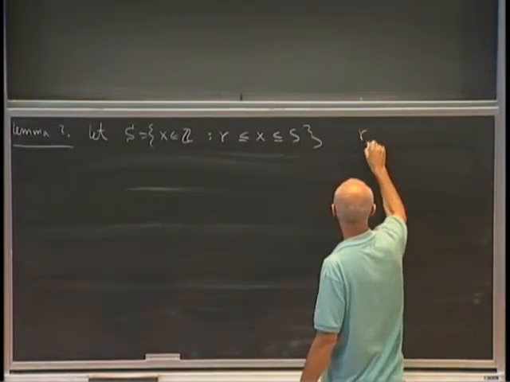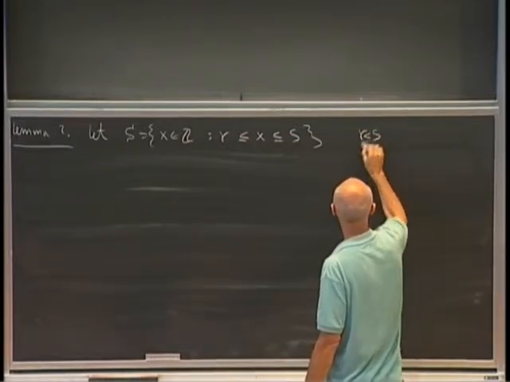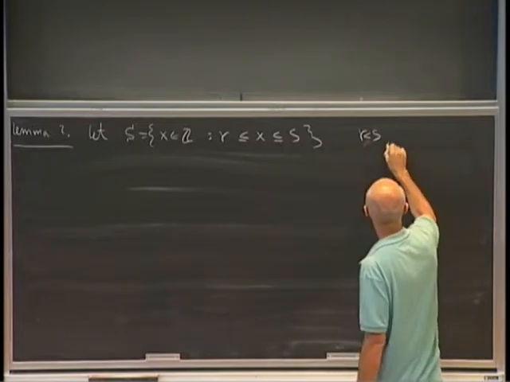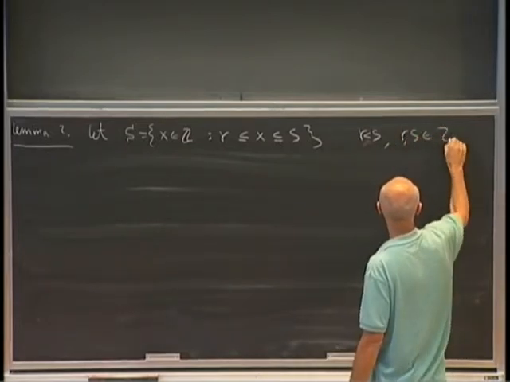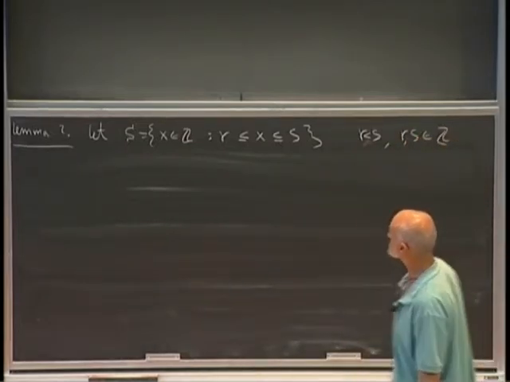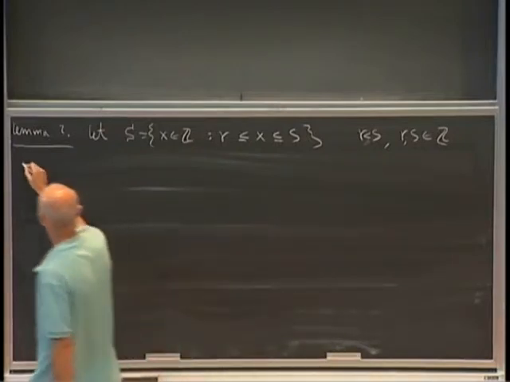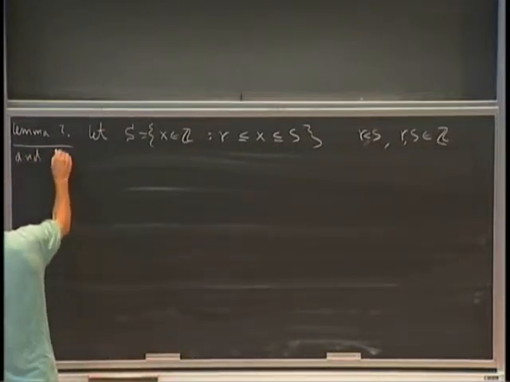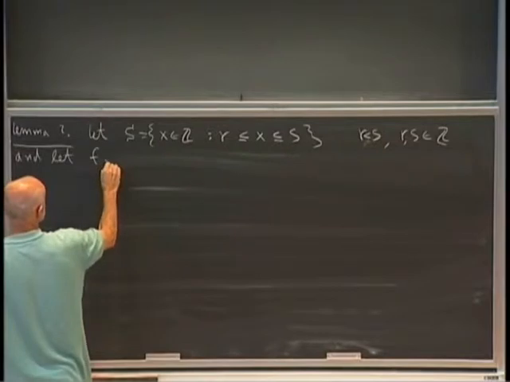So R and S are, let's say R is less than S to make it interesting. And these are integer. And let F be convex again.